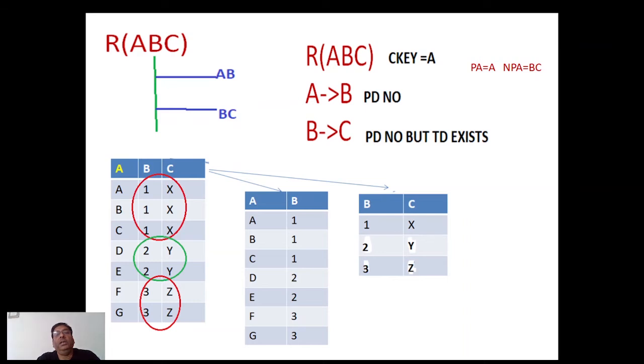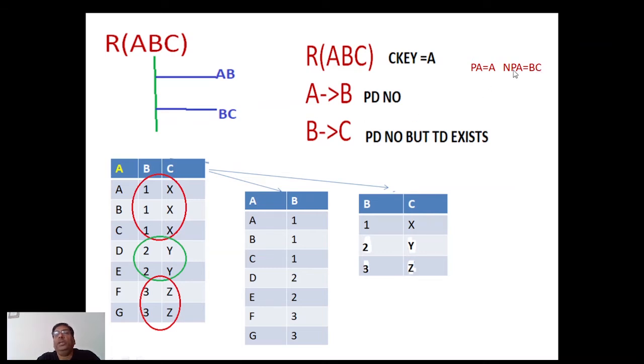So once again, what are we trying to check in third normal form? We are going to check whether there exists a transitive dependency. What do we mean by transitive dependency? A non-prime attribute depending on another non-prime attribute.